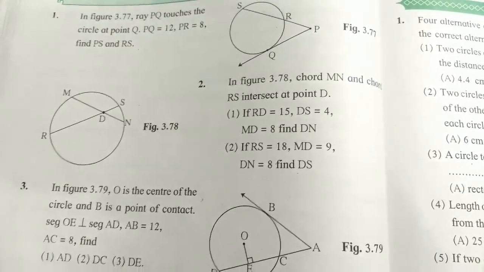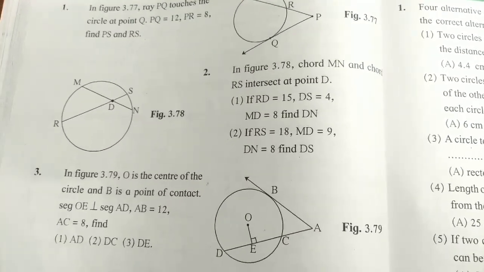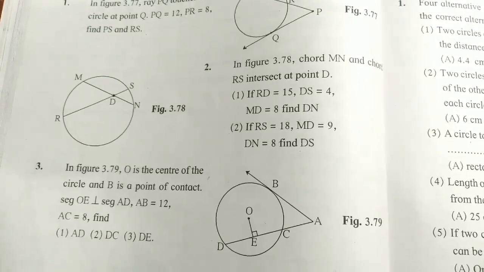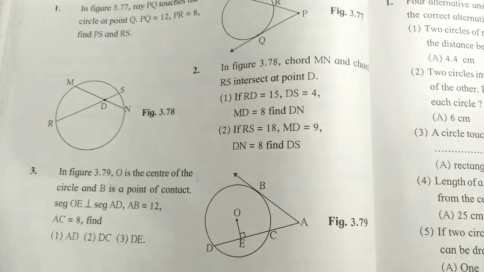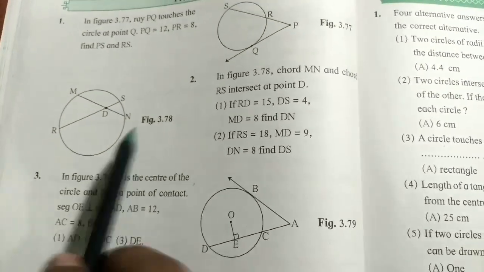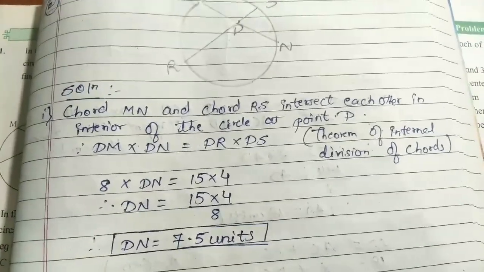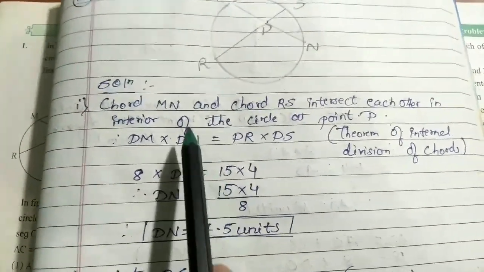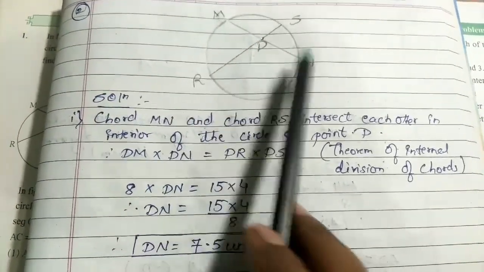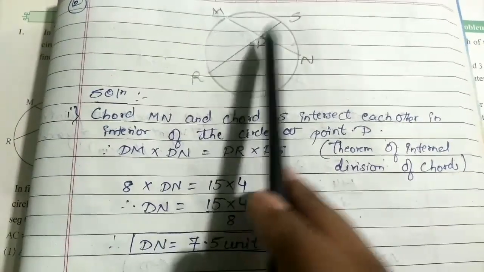Sum number 2. Chord MN and RS intersect at point D. First, RD is 15, DS 4, MD 8. We have to find DN. Now these two chords intersect each other internally. So by the theorem of internal division of chords, DM into DN equals DR into DS.